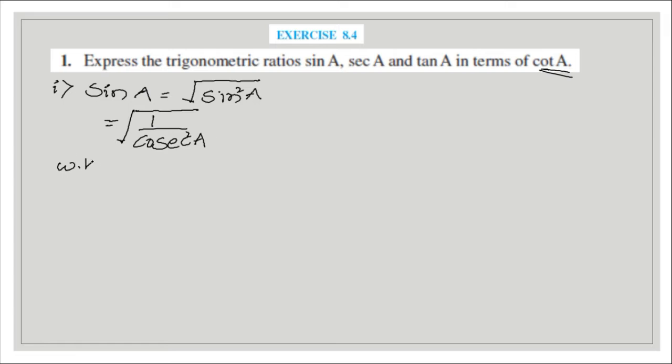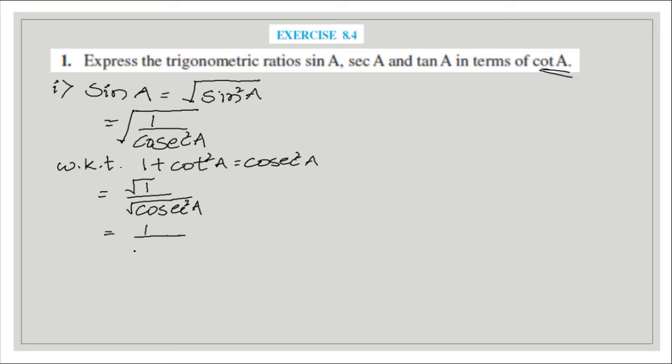We know that 1 plus cot square A is cosecant square A. I'll make use of that. So it becomes root 1 divided by root of cosecant square A. Now in the place of cosecant square A, let me substitute, and root 1 value is 1, so it becomes 1 divided by root of 1 plus cot square A.